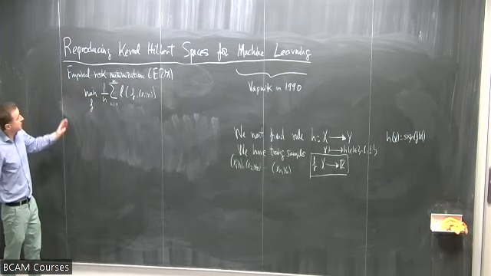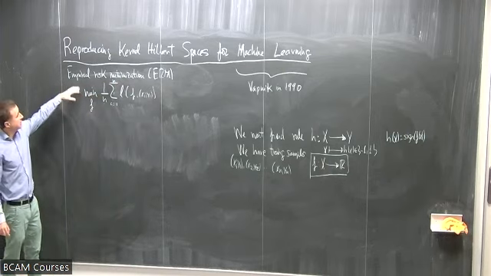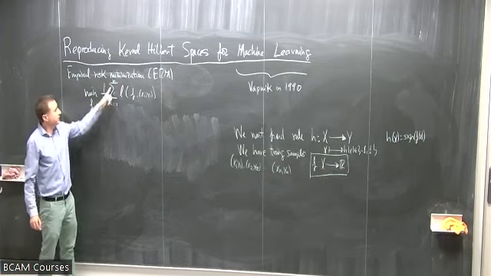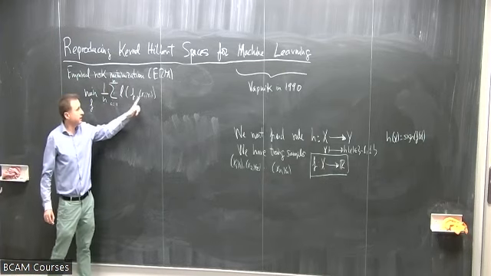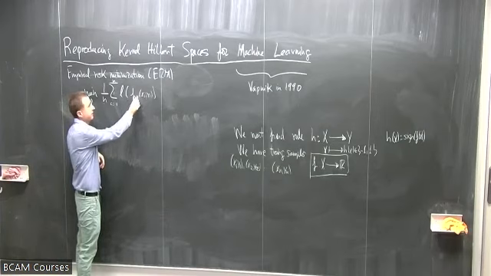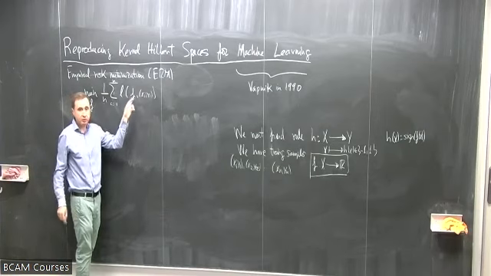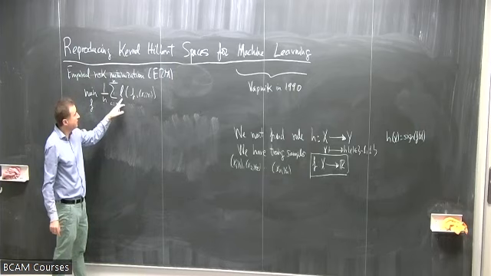So we have our n training samples, and then we try to find the f that minimizes the sum of the losses. This loss function can be many different things.